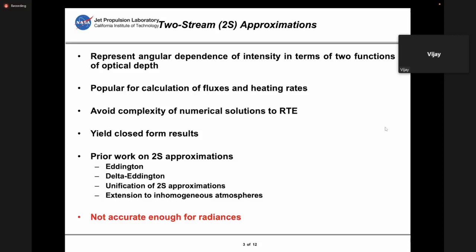There's a classic paper by Meador and Weaver, which presented a framework to unify a bunch of 2S approximations. There's also been work to extend this to inhomogeneous atmospheres. The main issue with 2S models is that they are not accurate enough when radiances, rather than fluxes or azimuthally averaged intensities, are the quantities of interest.